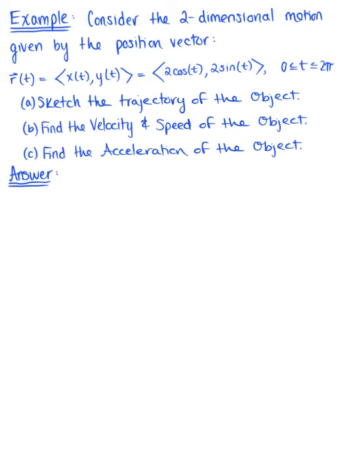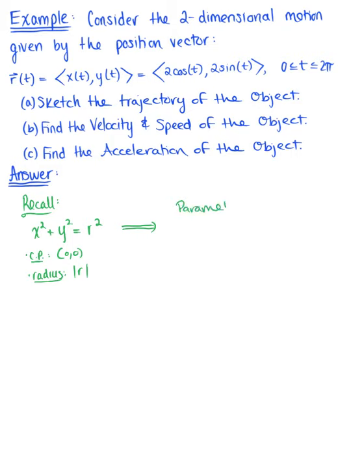Recall that if you have a circle centered at the origin with a radius of the absolute value of r, something like x squared plus y squared equals r squared, where the center point is at the origin, 0, 0, these Cartesian coordinates map to the parametric equations as follows.